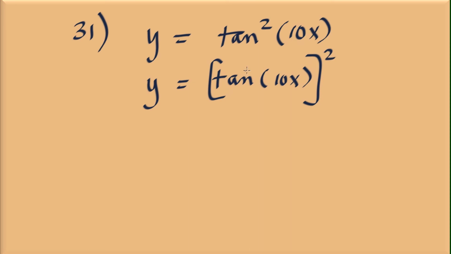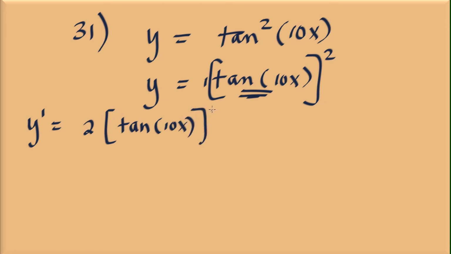All right. Now, this one, we're going to have like double chain rule, because to get the first step derivative, multiply 2 and 1, we get the 2. And then copy that same base, tangent of 10x. Now raise to the first power.